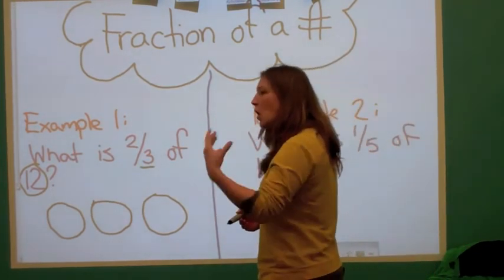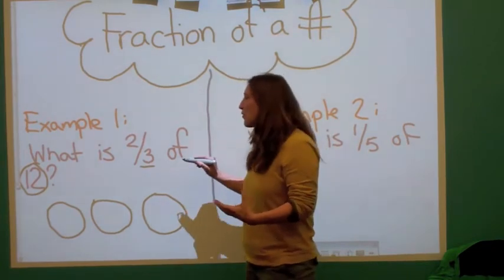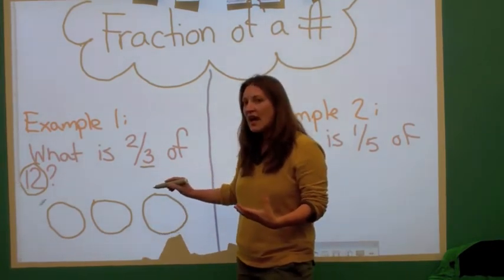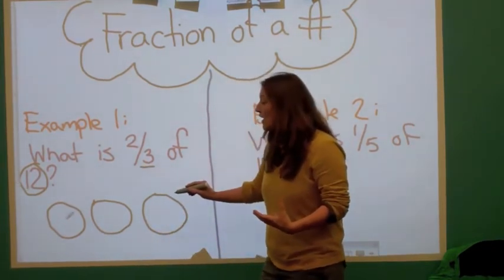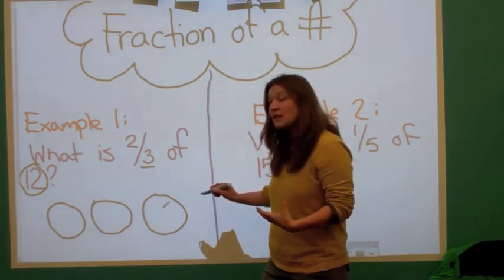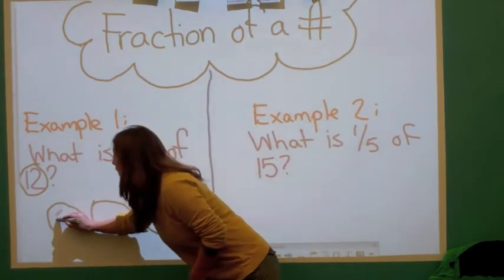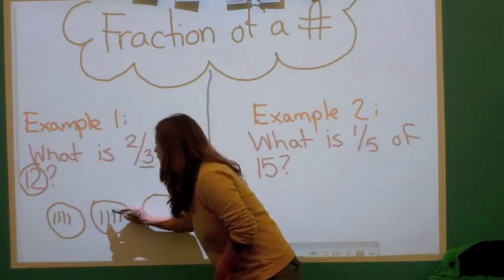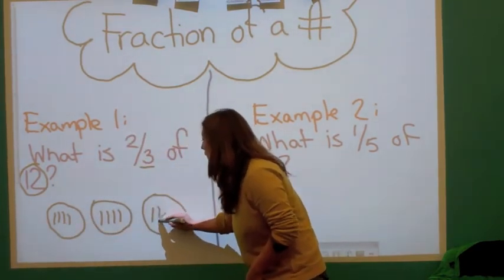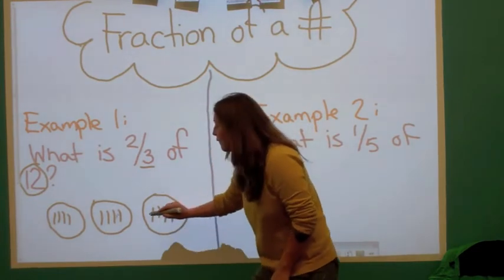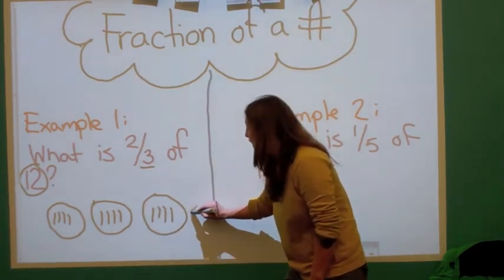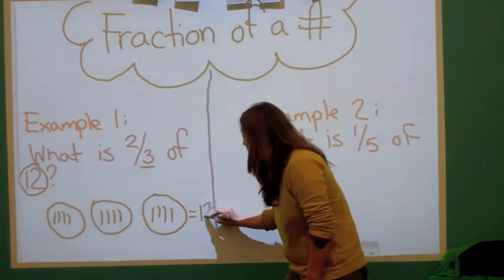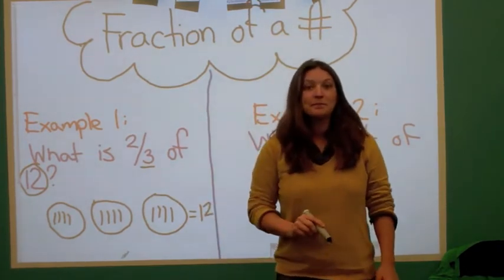Now, knowing that 3 goes into 12 4 times, you're going to know that if you have 3 groups, you're going to have 4 in each group, because the whole number that we're talking about is 12. So if I have 3 groups with 4 in it, that gives me 12.